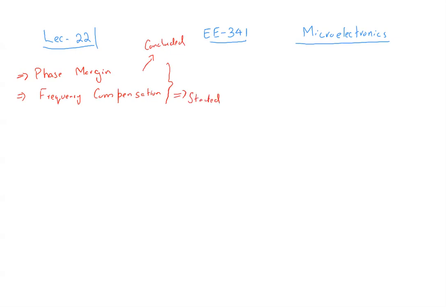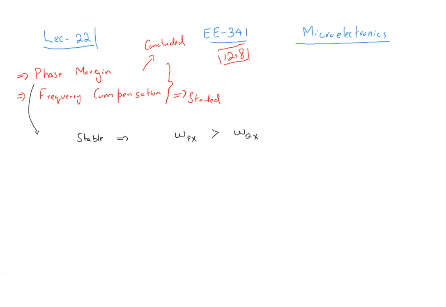We are still on chapter 12, section 12.8 of Fundamentals of Microelectronics by Behzad Razavi. The important thing we talked about in phase margin is that, for a stable system, we want the phase crossover frequency to be bigger than the gain crossover frequency.